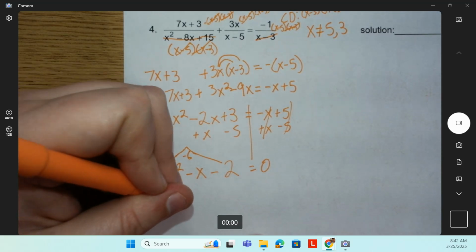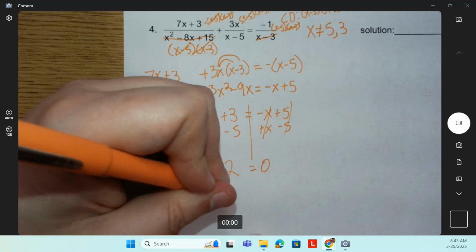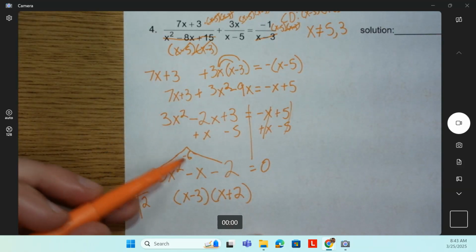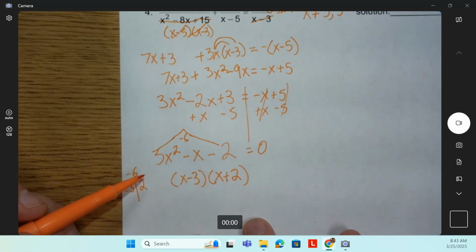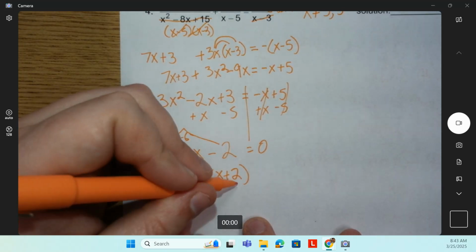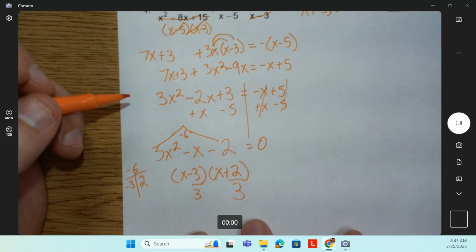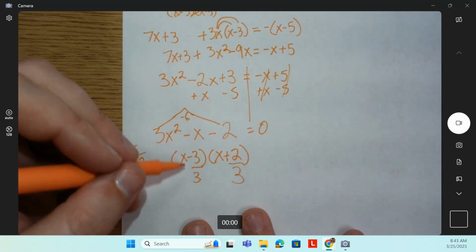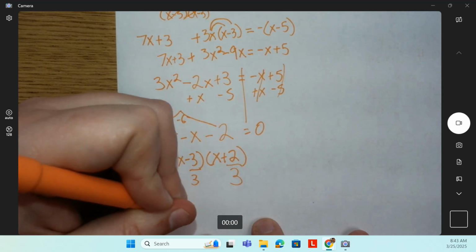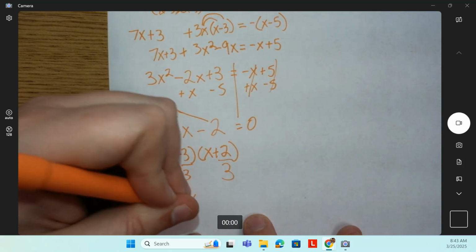So factored out, it'd be x minus 3, x plus 2. But remember, since we multiplied, we're going to have to divide at the end. And so I take both of those and divide them by 3 to give me 3 over 3, which would be just x minus 1.